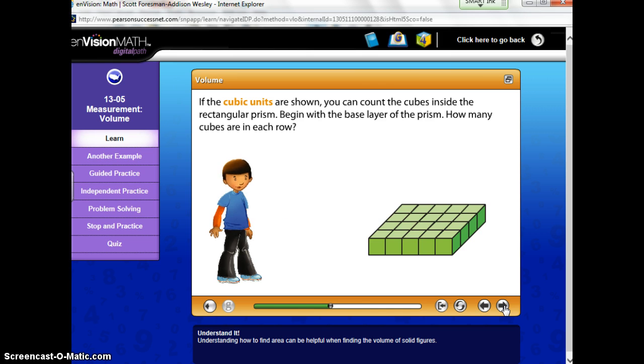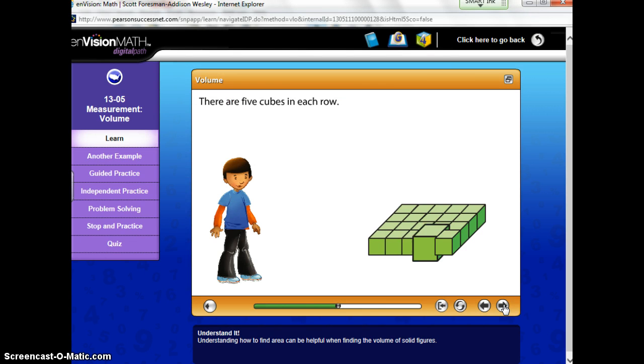So we could start with our bottom layer or our base layer. There are how many cubes in each row? Aiden? 4. And how many rows do we have? 5. Good. Well, we could say 4 cubes in each row or 5 cubes in each row, depending on which direction you're looking at.